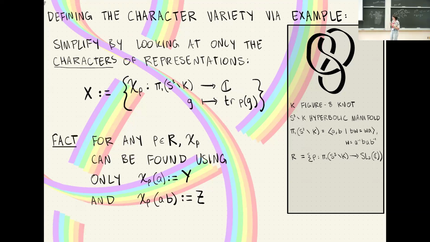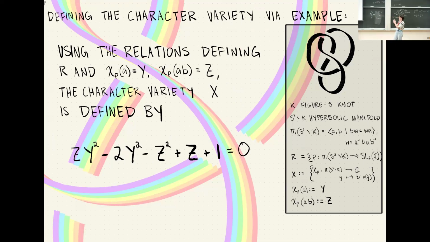And it's a nice fact that for any representation of my fundamental group, the character chi rho can be found using only 2 pieces of information: the character of A and the character of A times B, where A and B are the generators of my group. I'm going to give those 2 pieces of information variable names Y and Z.